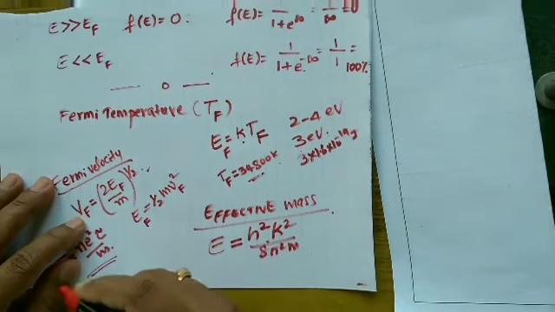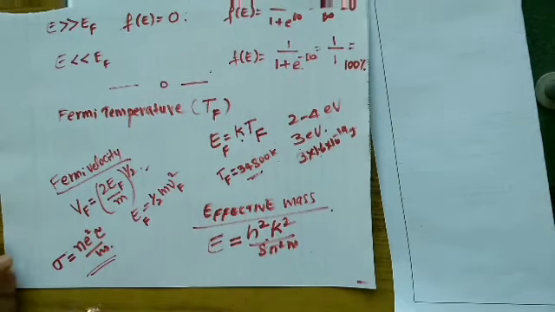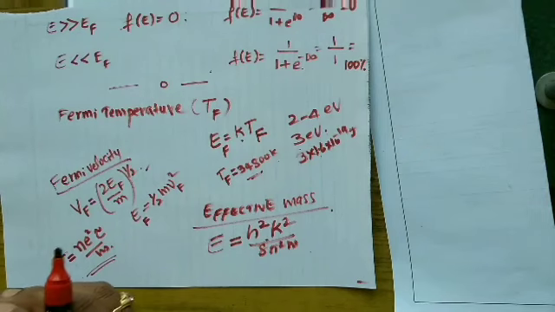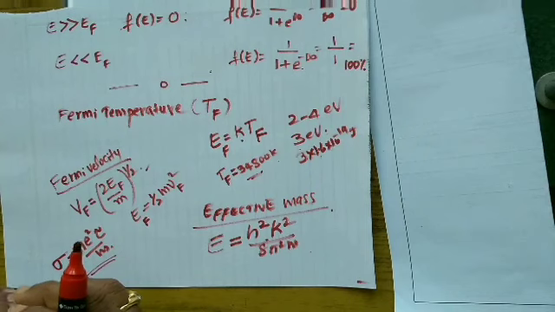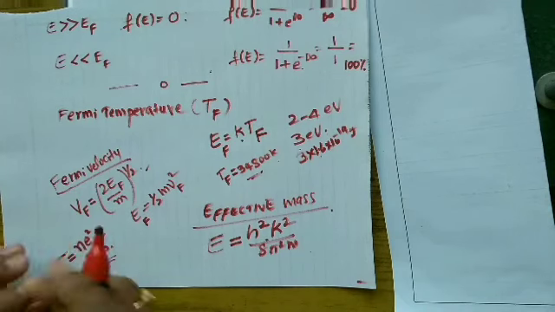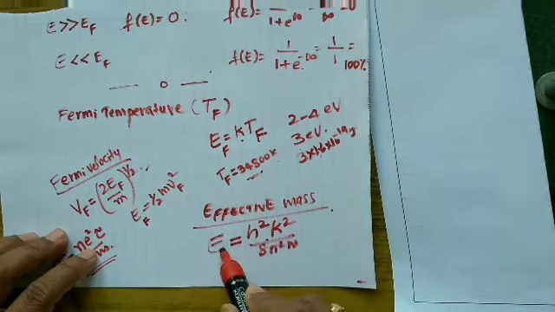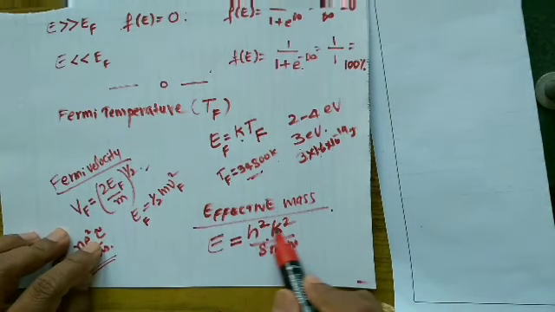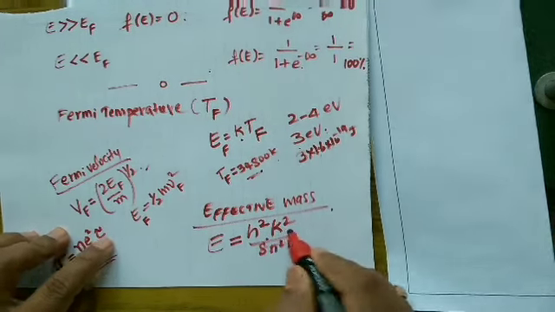In my earlier lectures on quantum mechanics, I was talking about the energy of a particle in a potential well of infinite height or depth, where we derived this expression. Energy is equal to h square k square by 8 pi square m, and k is the wave number here. It's not the Boltzmann constant.